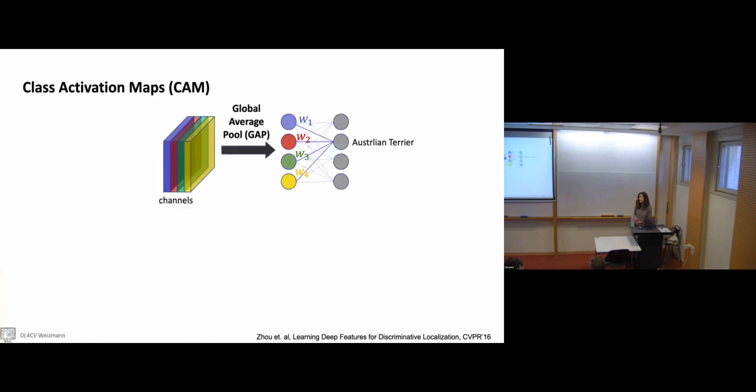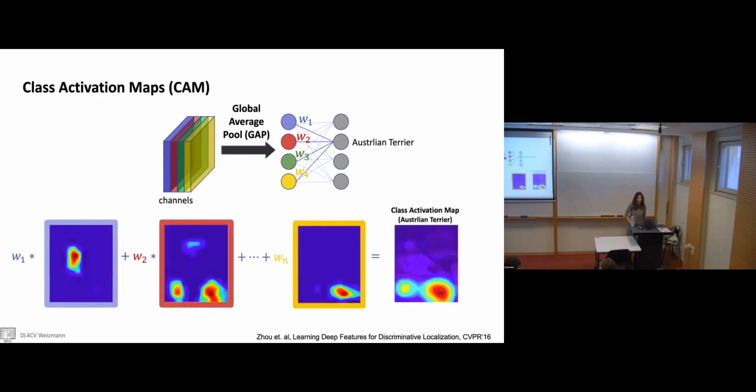Okay, so let's get to how we get our localized heat maps. So again, our classification score for a specific class like Australian Terrier would be given by a linear combination of these values, like W1 times this plus W2 times this and so on, okay? So the way we're gonna get our CAM, or the class activation map, is as follows. We're gonna go back to our feature maps before we collapse them, okay?